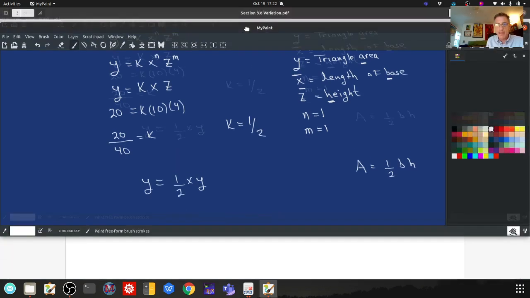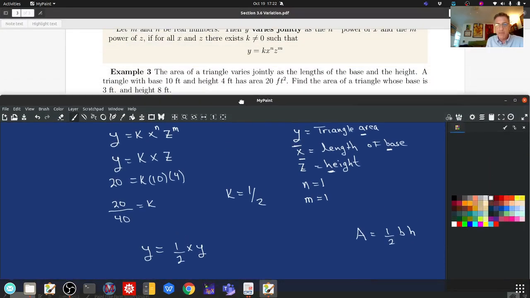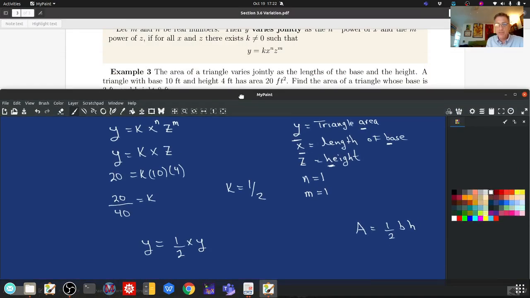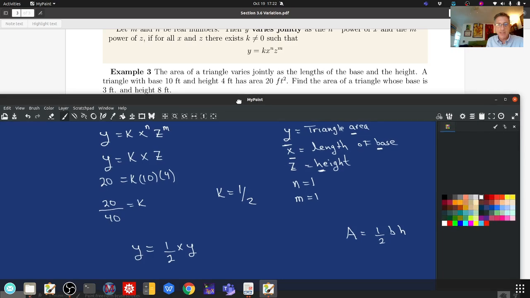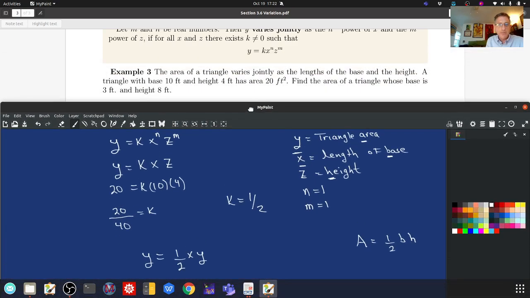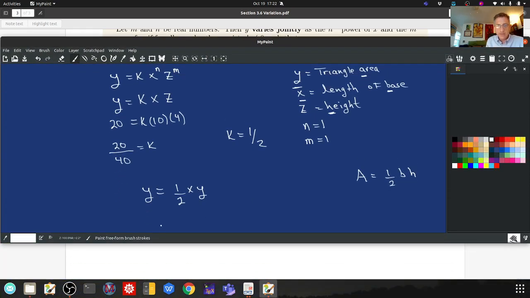So now that we have that, what are we given? Find the area of a triangle whose base is 3 feet and height is 8 feet. So y is equal to 1/2 times base 3 feet and height 8 feet.